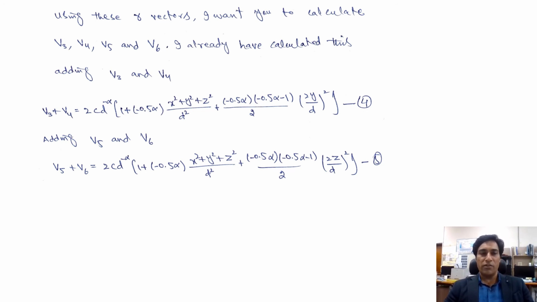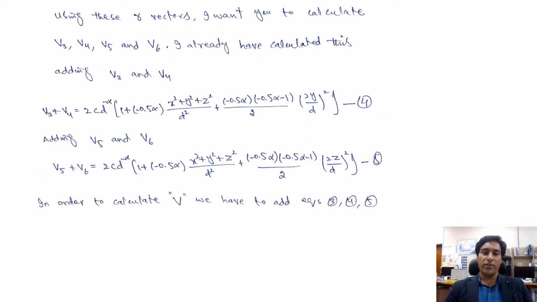For V1 and V2 the term is x, for V3 and V4 the term is y, and for V5 and V6 the term is z, because the neighboring atoms for V1 and V2 are situated in the x-axis, for V3 and V4 the neighboring atoms are situated in the y-axis, and for V5 and V6 the neighboring atoms are situated in the z-axis.